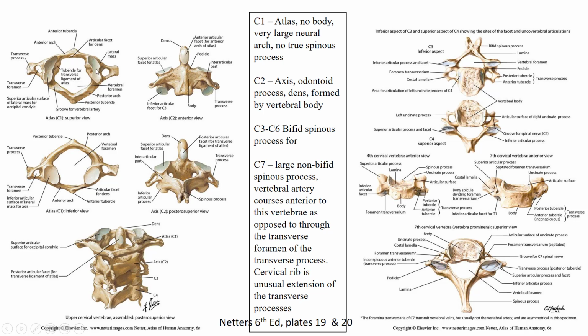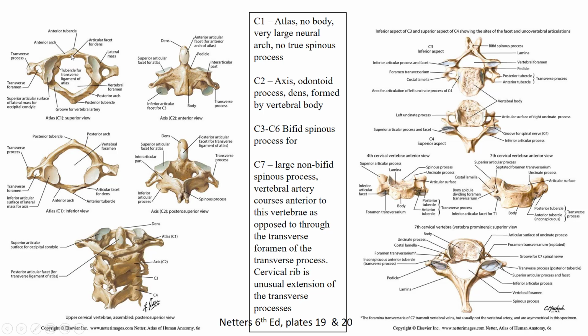So you've got the occipital condyles that sit here and articulate with the atlas, and that is how you are able to tilt your head and turn it side to side, is that articulating process there with the occipital condyles of the skull and the superior articular surface of the atlas.